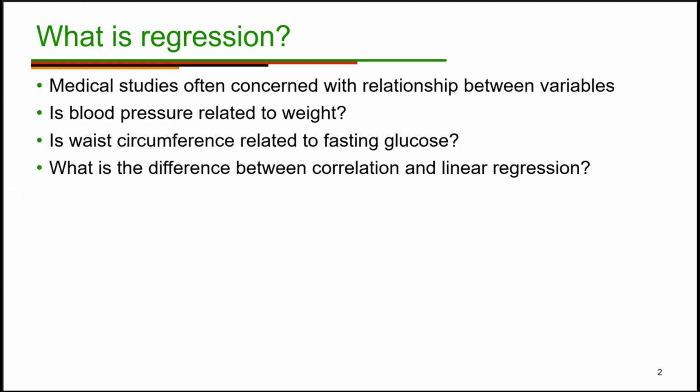And so maybe a question that we'd ask is, what is the difference between correlation and linear regression? So this is a recap. You guys have learned this, so I don't need to go on.